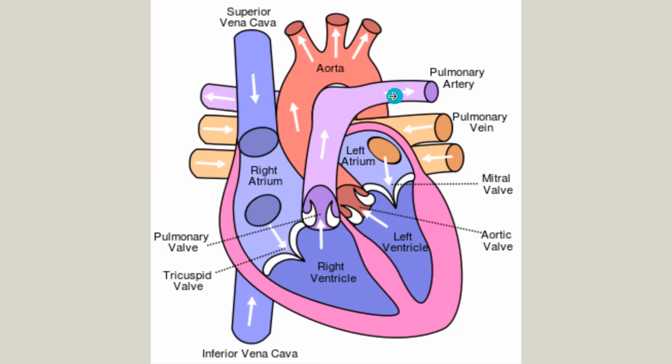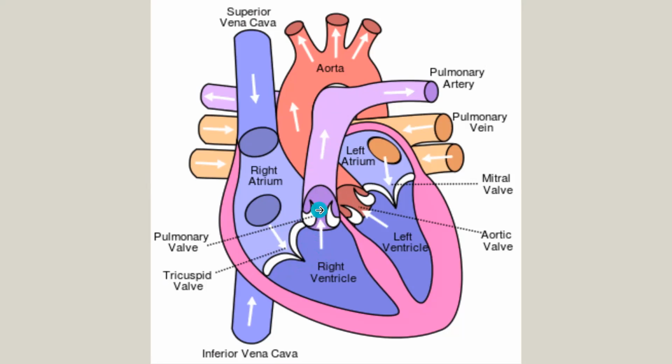The pulmonary artery is the artery that carries the blood towards the lungs. The checkpoints in the right side are the tricuspid valve and the pulmonary valve.